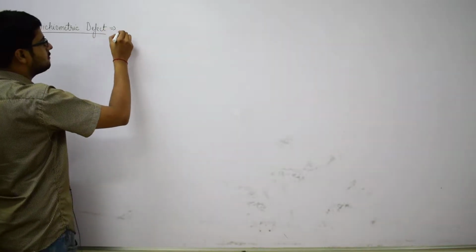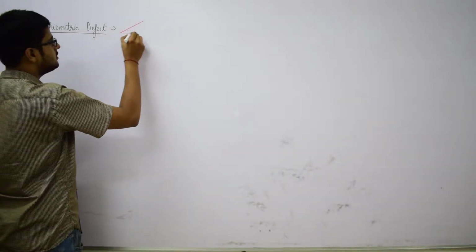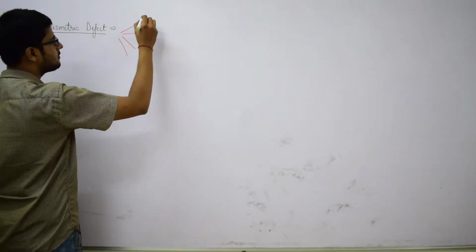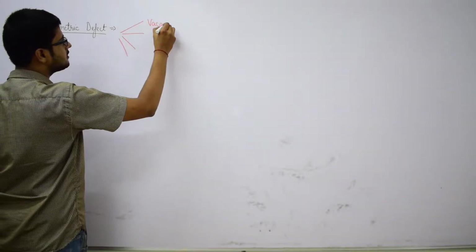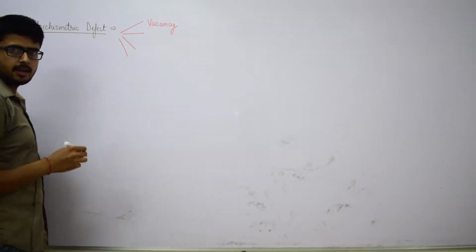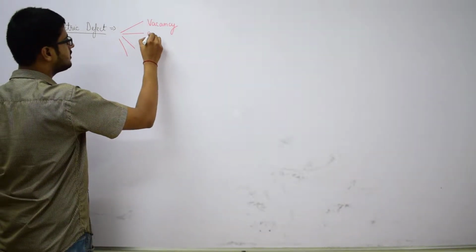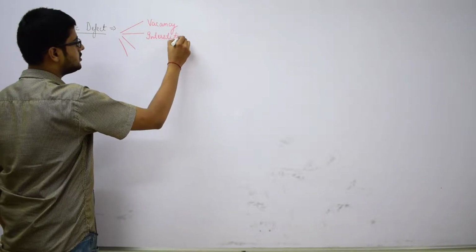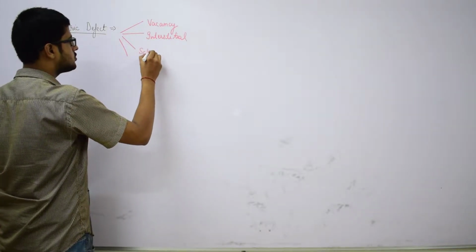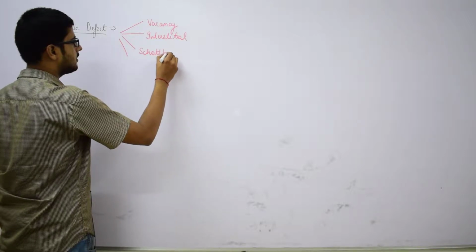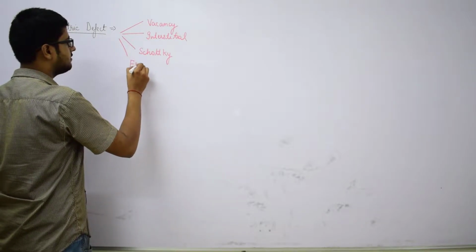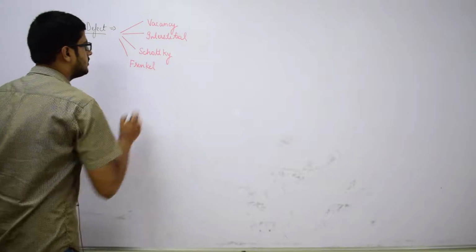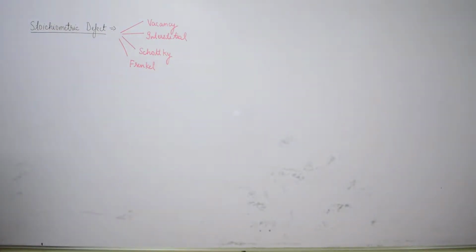We have already discussed that stoichiometric defects are of four types: vacancy defect, interstitial defect, Schottky defect and Frenkel defect.